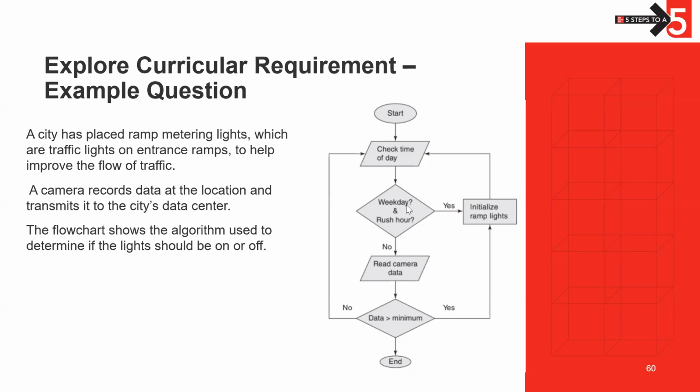If it's a weekday and rush hour, then initialize the ramp lights, okay? If it's not either of those, then check the camera data to see if the number of vehicles is greater than some threshold. And if it is, turn on the ramp lights. Otherwise, nope, just go back and check again and keep going.